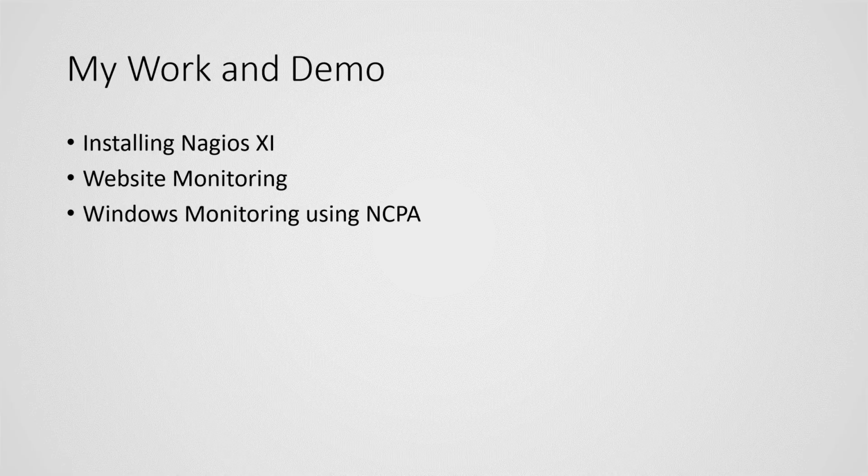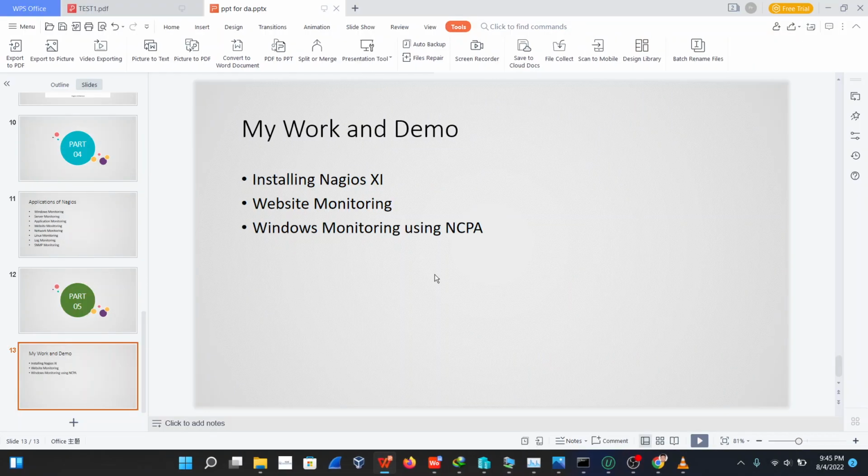So actually NCPA is a plugin which we have used. NCPA stands for Nagios Cross Platform Agent. So we have to install this NCPA on the machine or host which we want to monitor. It is a plugin which will send the notifications or data to the Nagios server.